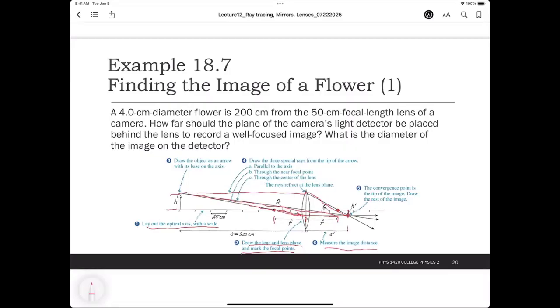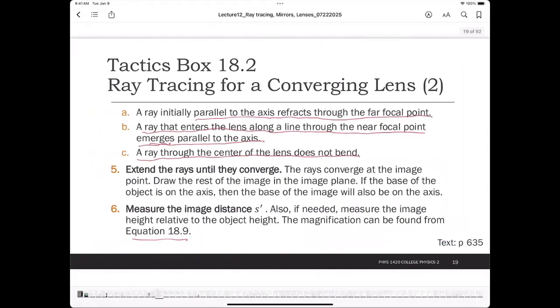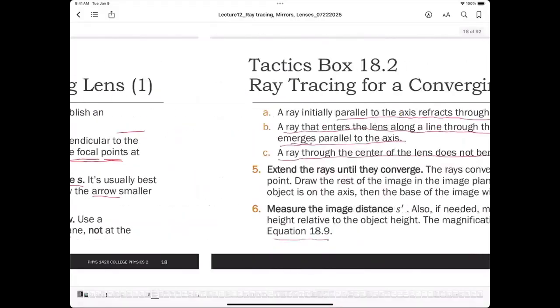You can measure this distance, and then you get how far the plane should be. Also, the diameter of the image on the detector is h'. You can also know that. We will use ray tracing following the steps of Tactics Box 42.2. This is what we want to use.